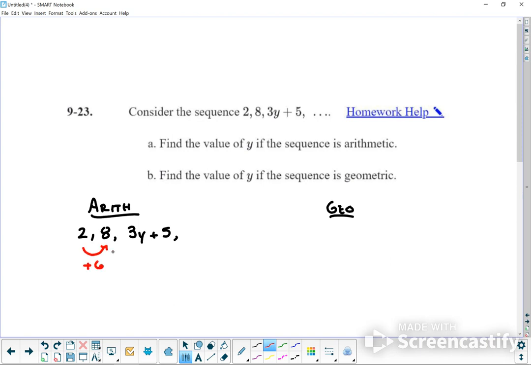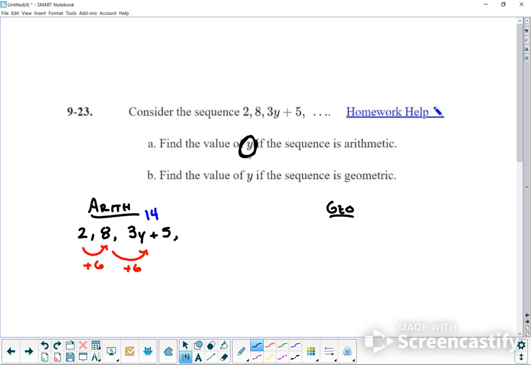So that means from 8 to this next number, we should also be adding 6, right? So that next number should be what? All right, so 8 plus 6 is what? 14. So this next number should be equal to 14, right? But it's 3y plus 5.